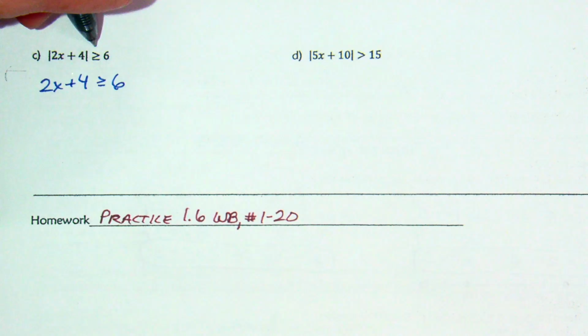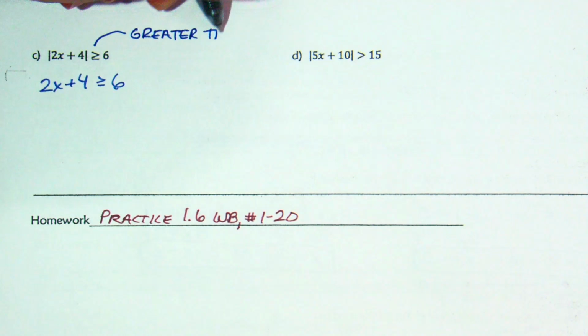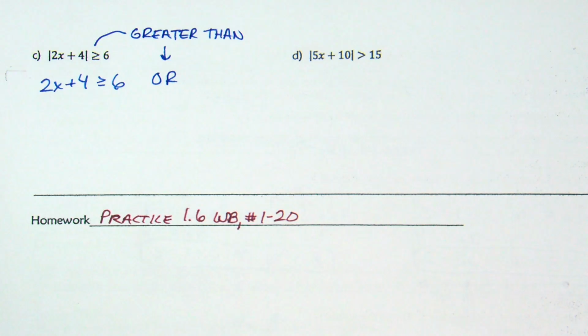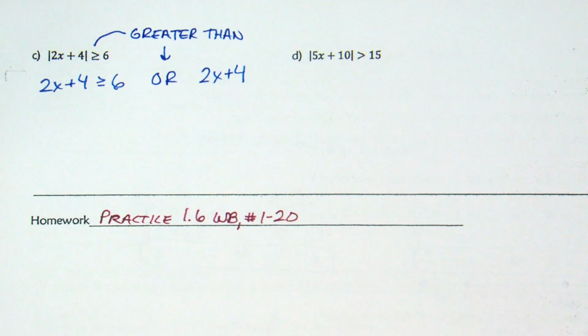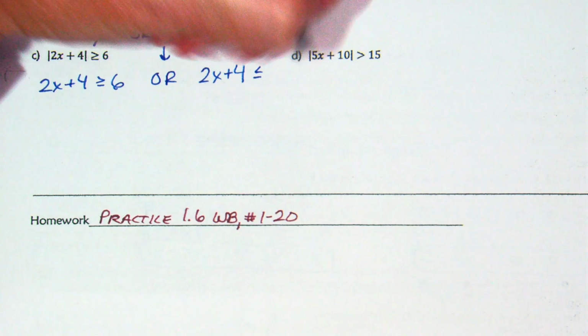To me, that's the easiest one to recognize. Since it's greater than, I'm going to put the word or in the middle. And what's my other inequality? Still 2x plus 4, but instead of greater than, less than or equal to, instead of 6, -6.